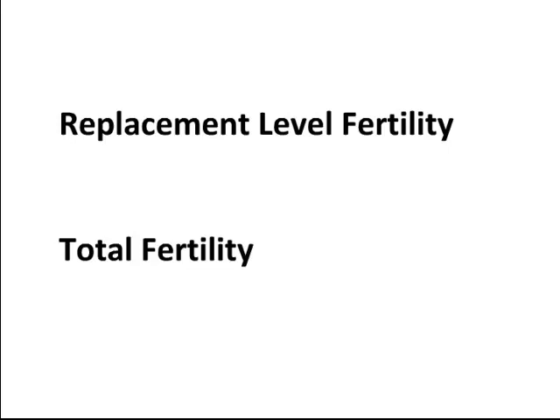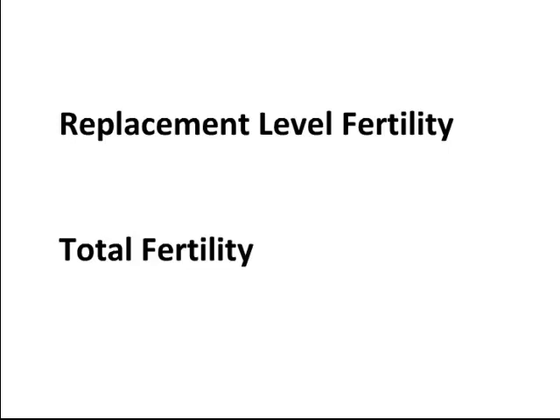The 0.16 comes about because you have to replace all those children who die before having kids, individuals who decide not to have children, and individuals that are born infertile and so can't have children. So replacement level fertility ends up being about 2.16 as our average around the planet.